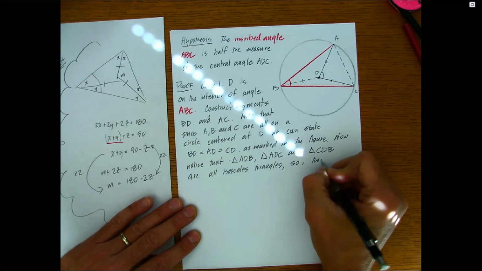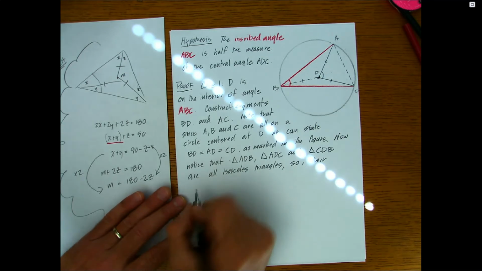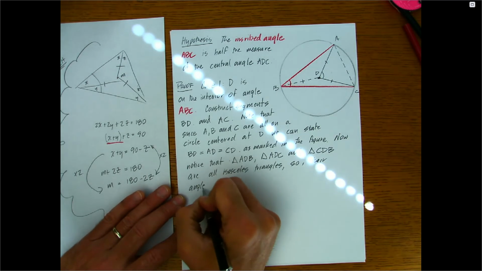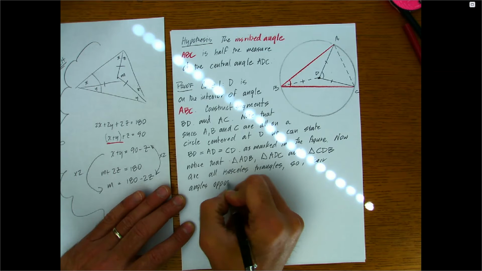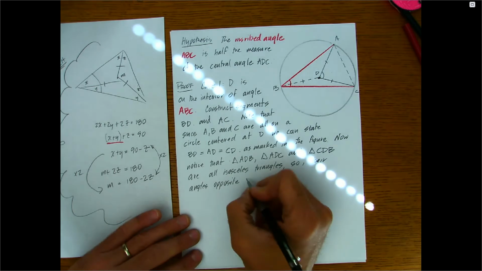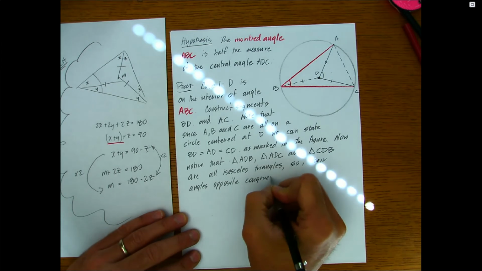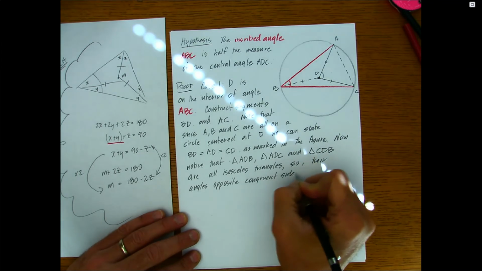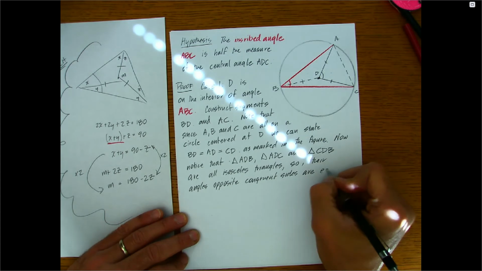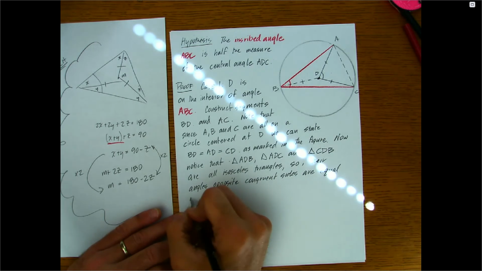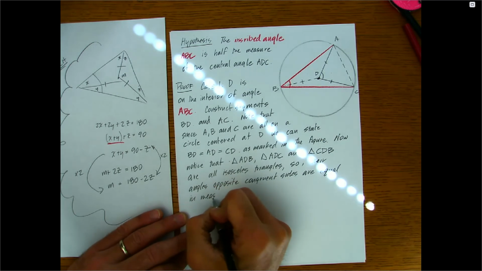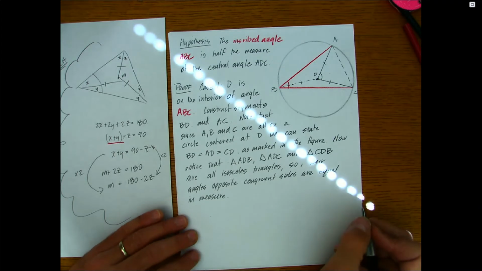So their angles opposite congruent sides are equal in measure. They're congruent, so they're equal in measure.